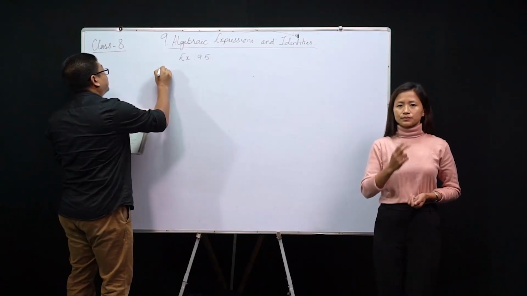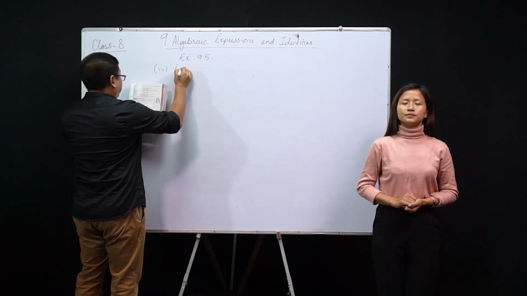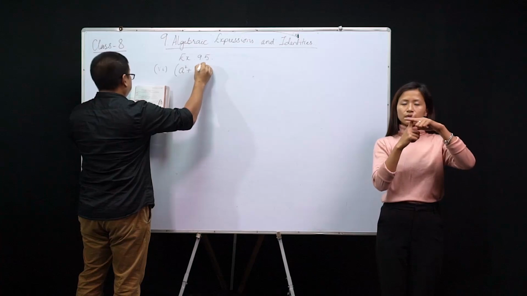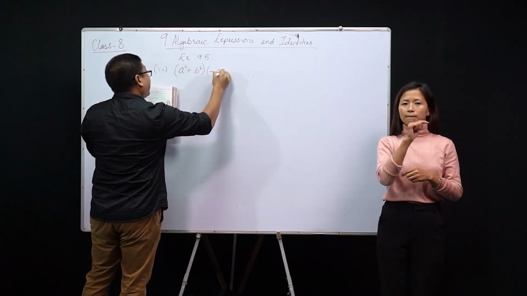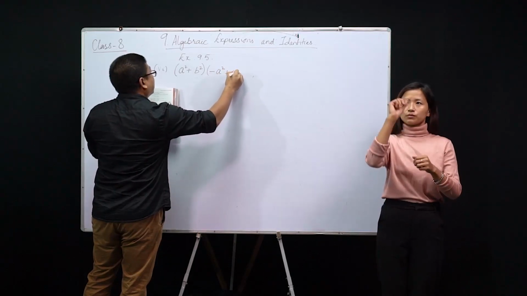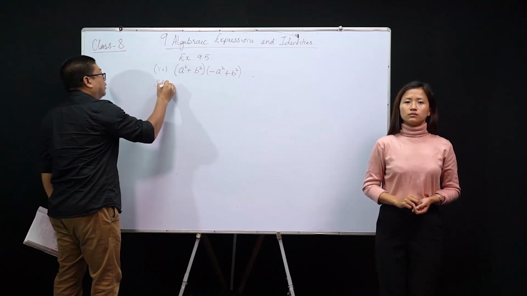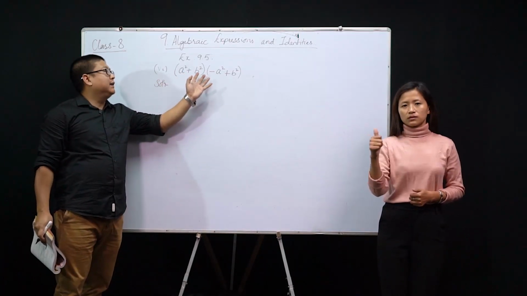Let's look at question number 6. Here we see (a to the power 2 plus b to the power 2) into (a to the power 2 minus b to the power 2)... Now, so far we have not seen any identity in this manner.